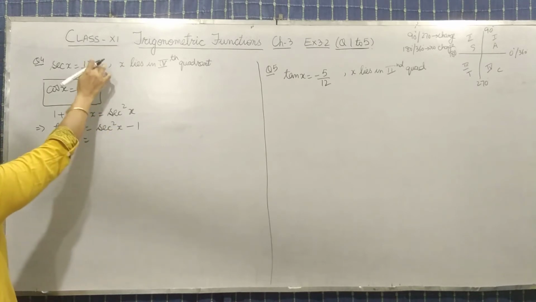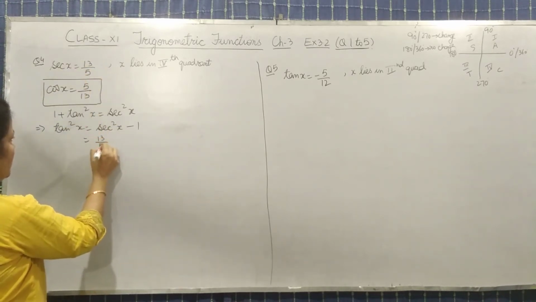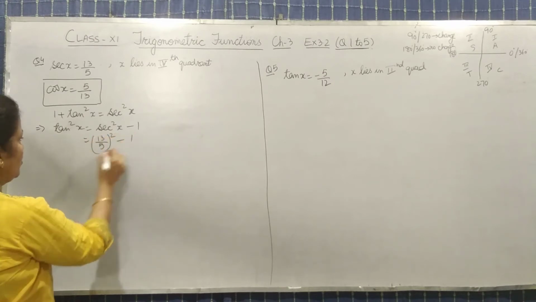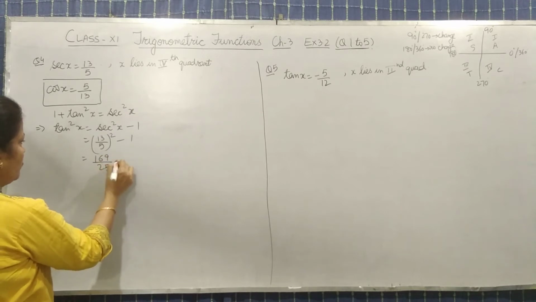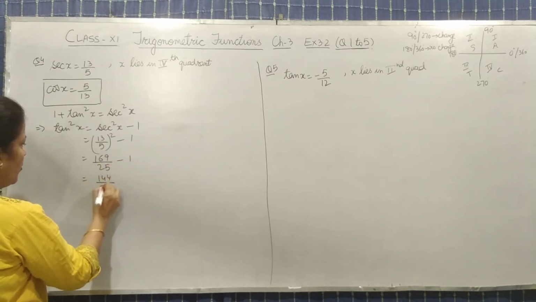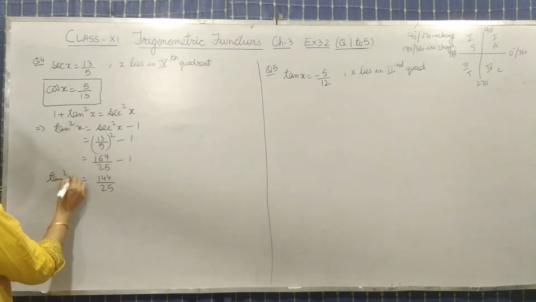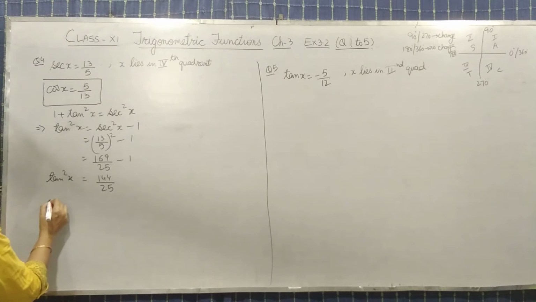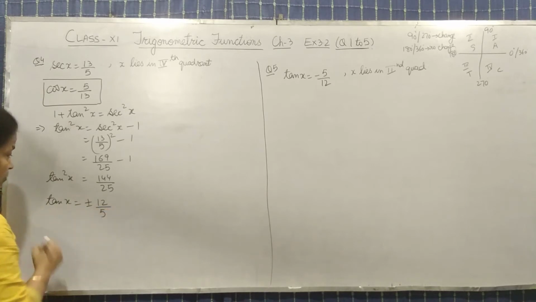Now substitute the value: it is (13 by 5) square minus 1. So 169 upon 25 minus 1. Now solve it: 144 upon 25. So tan square x you will get as 144 upon 25. So tan x will be plus minus 12 by 5.